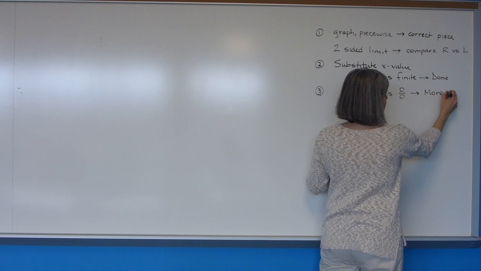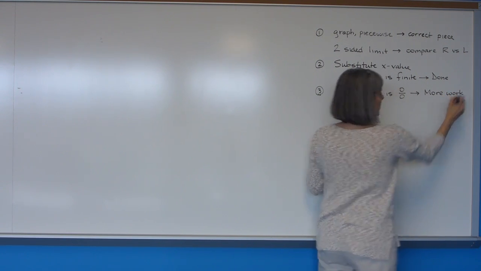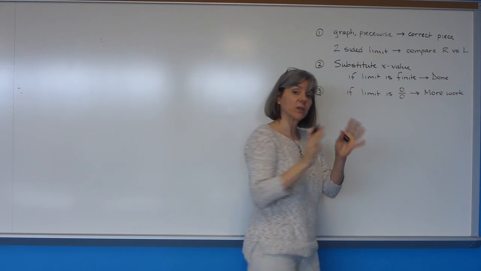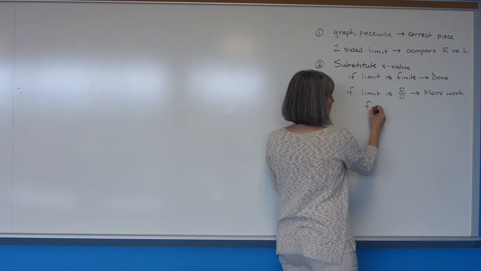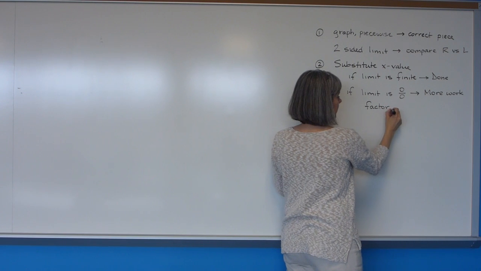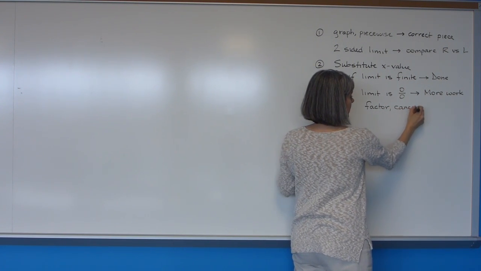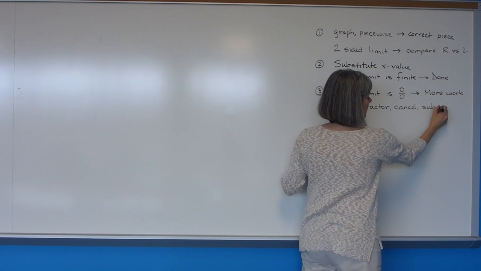Specifically, because we're typically running into that with rational functions with polynomials, you need to factor top and bottom, cancel, and then substitute again.